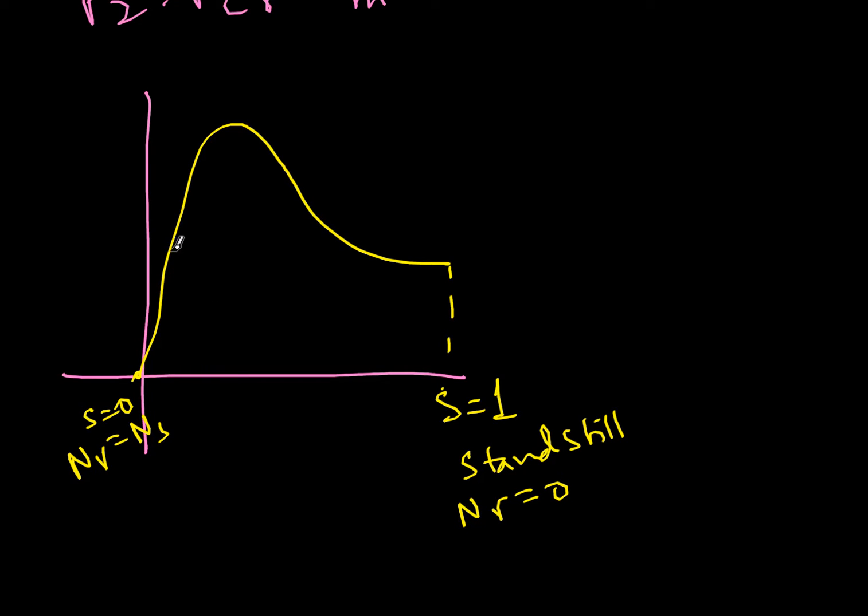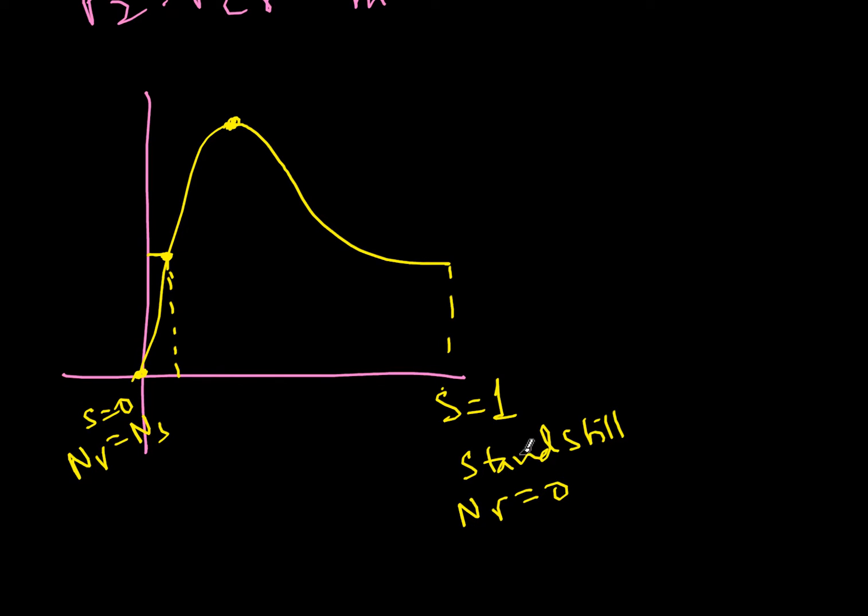I mentioned that there is some operating point somewhere here. So typically this is the 0 slip, this is ns equal to nr, then this is the maximum slip corresponding to maximum torque, and this part is the operating region of the induction motor.